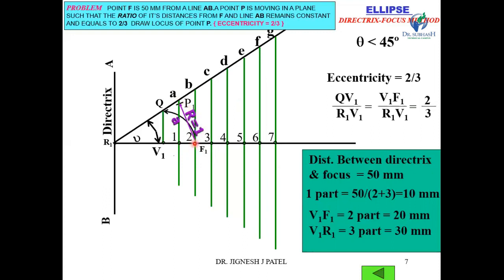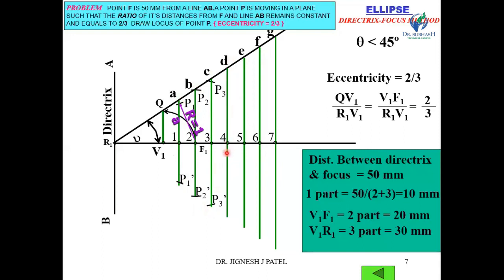Now with center F1 and radius 2B, draw arcs on both sides. These points are P2, P2 dash. Now radius 3C, center F1, you get P3, P3 dash.